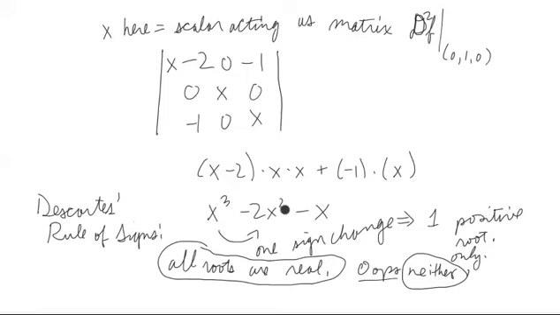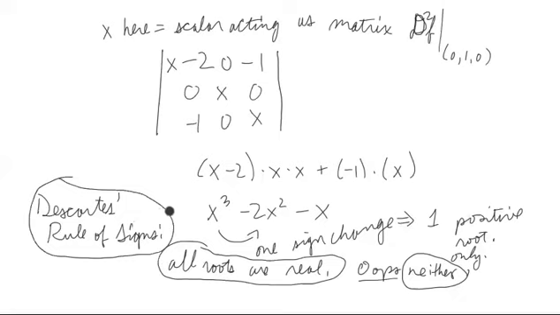Now, how do we test if all the eigenvalues are positive or negative, or maybe some are even complex? I mean, look at the roots of this thing. Well, just remember, this is a symmetric matrix, and all the roots of a symmetric matrix are real. That enables us to use Descartes' rule of signs to do this.